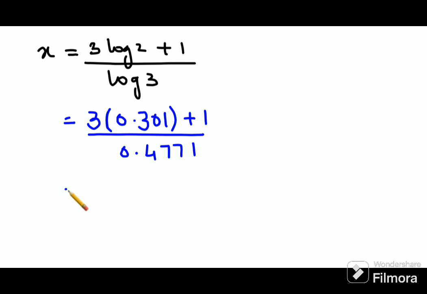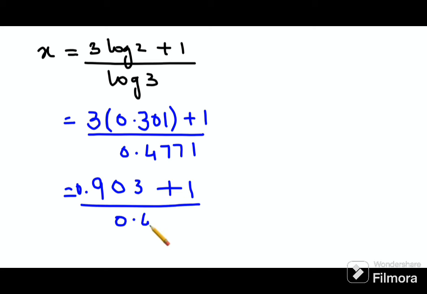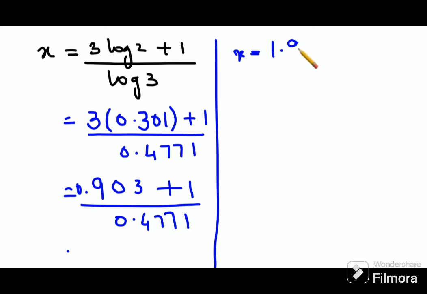So here 3 into 0.301 gets you 0.903, sorry, my bad, plus 1 upon 0.4771. So here you're getting x is equal to 1.903 divided by 0.4771.